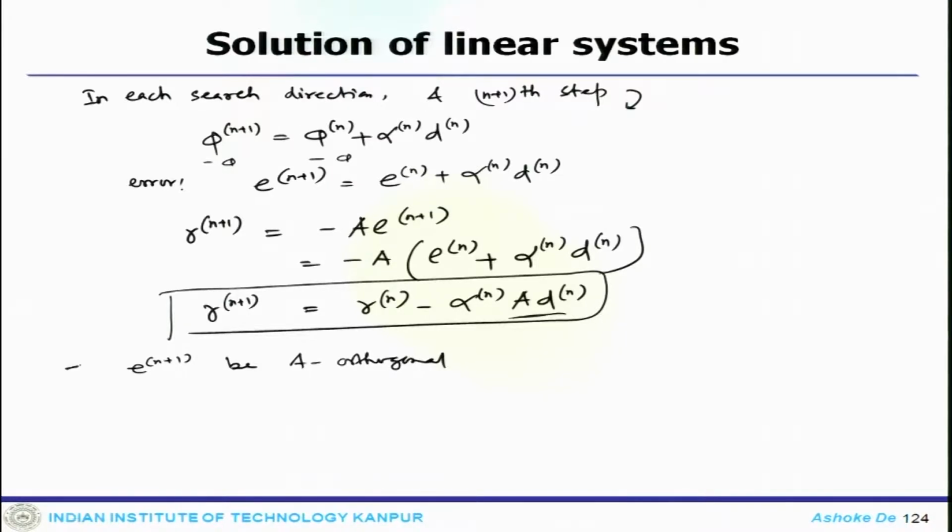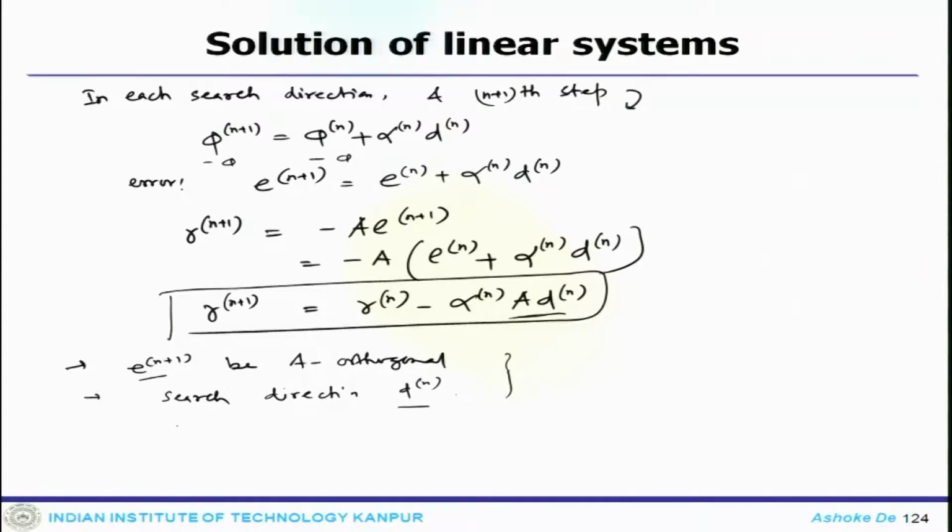This new condition is also an equivalent condition to find the minimum point along the search direction of d n.